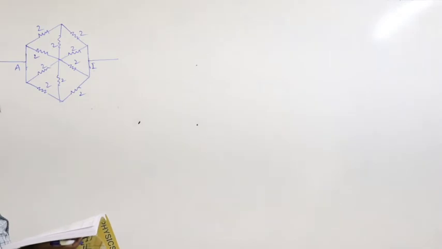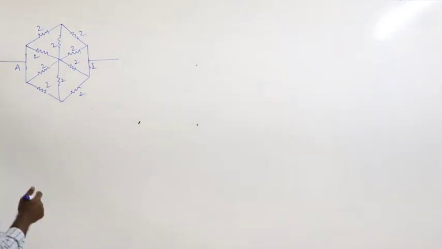How can we calculate the effective resistance between the points A and I here? It is a mixed circuit. How can we calculate the effective resistance between A and I?